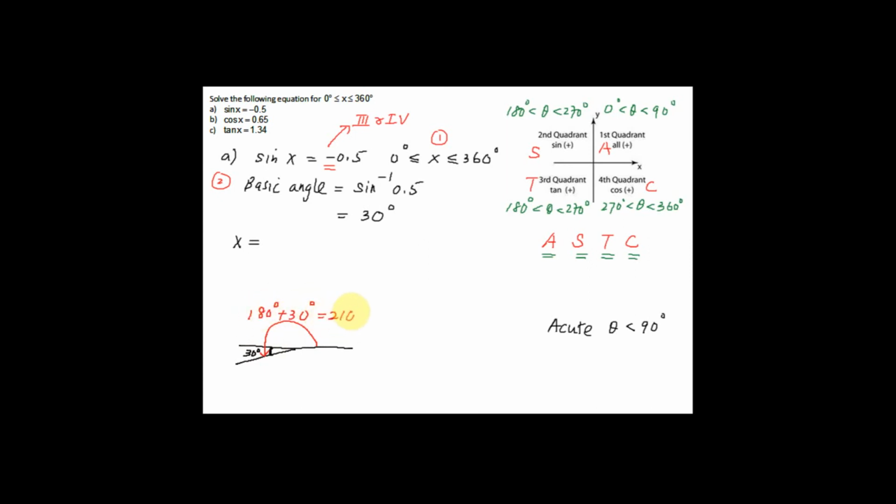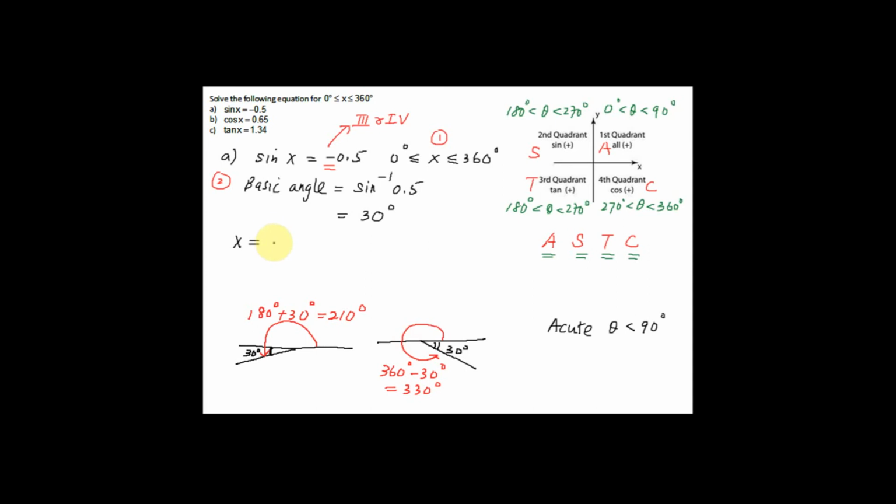This is 210 degrees. To find the fourth quadrant angle, the basic angle now is 30. We have to find this angle, which is 360 minus 30 equal to 330.